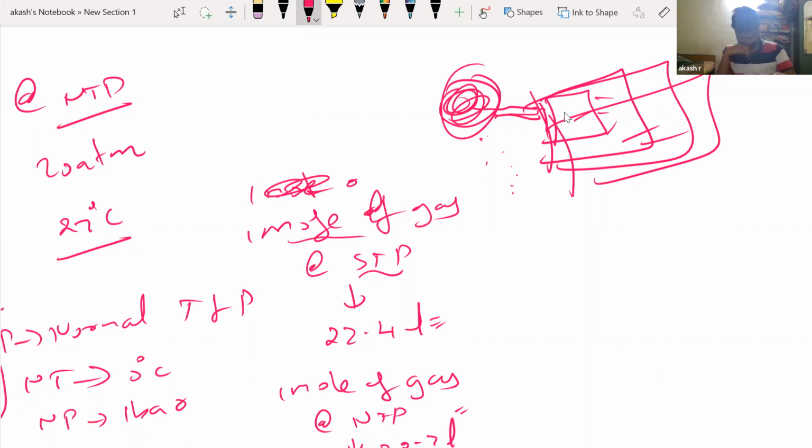When I have 0 degrees Celsius and this much pressure, it can go into 72% water.